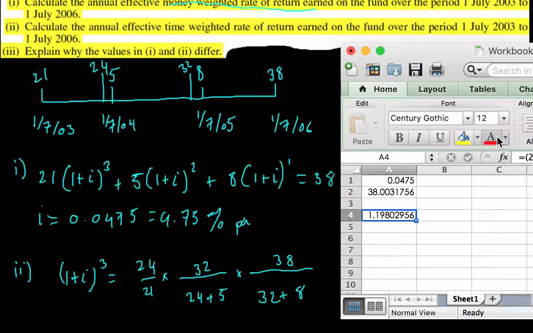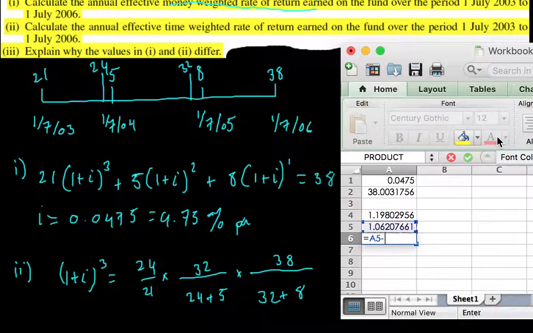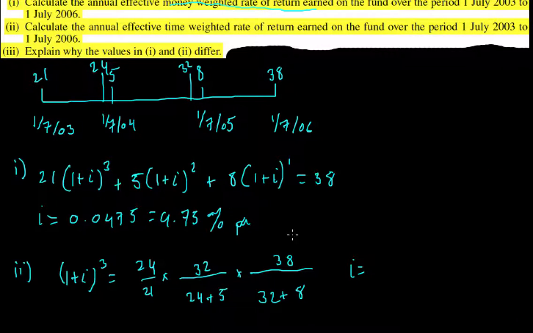That's 1 plus i to the power of 3. We put that to the power of a third to get rid of the power of 3, and then we minus 1, and then we have 6.207661%. So there we go, rounded that's going to be 6.21% per annum.